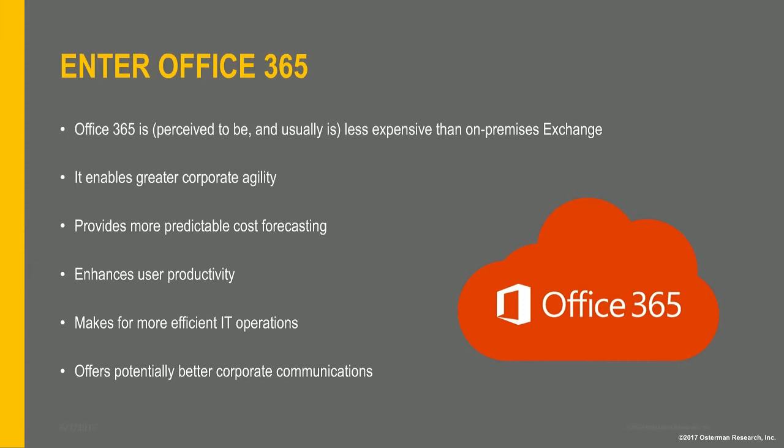And 365 is perceived to be, and usually is, less expensive than on-premises Exchange. So that's one of the primary drivers for organizations to adopt Office 365 and Exchange Online, mainly because it's cheaper. You don't need internal IT staff to manage it to nearly the same extent as you would with on-premises Exchange. And so this ends up being a win-win.